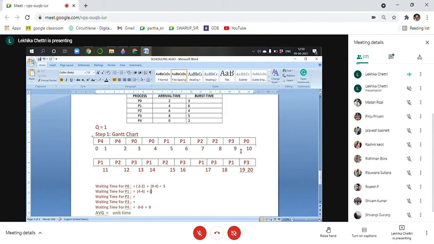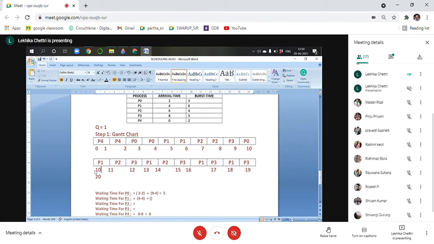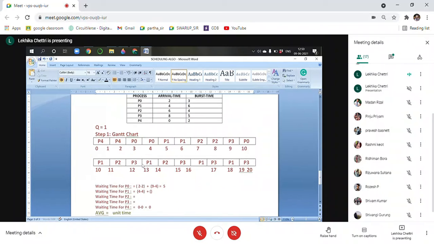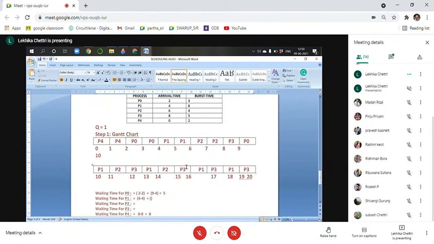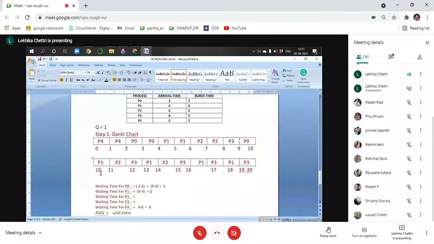This bar, what is the time unit? 10. यहाँ पे तो हमारा 10 है ना? ओके, सो ये बार यहाँ पे खत्म हो रहा है, यहाँ पे स्टार्ट हो रहा है, तो 10 है.